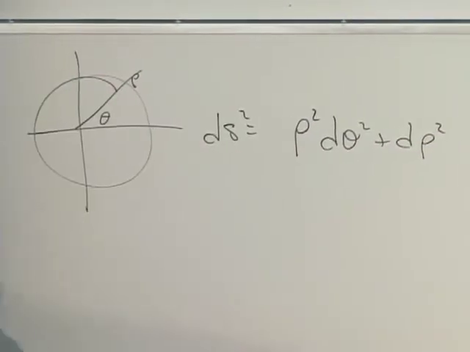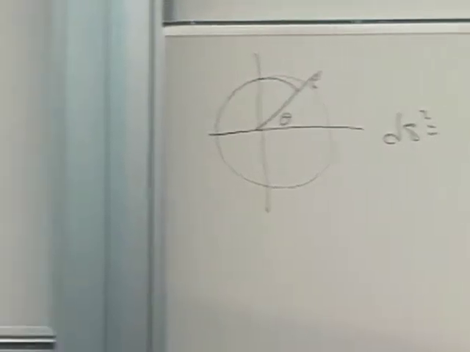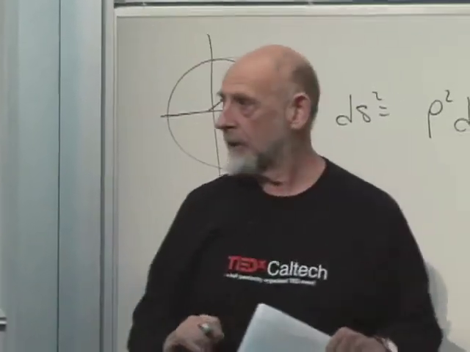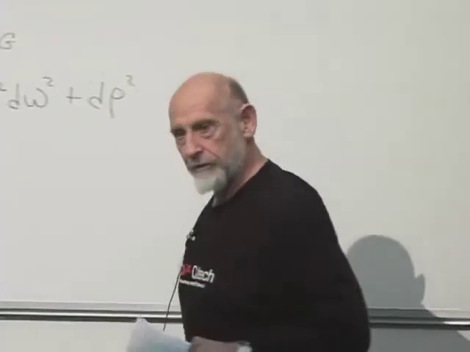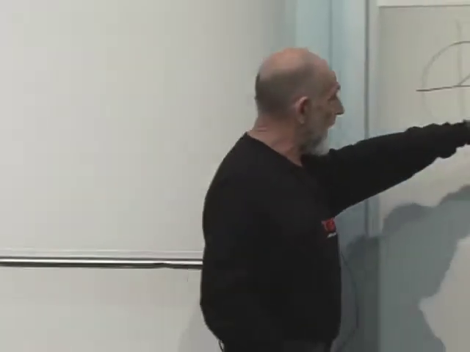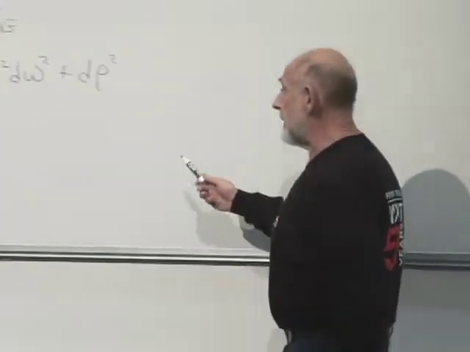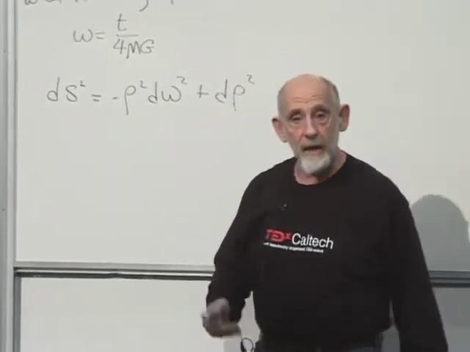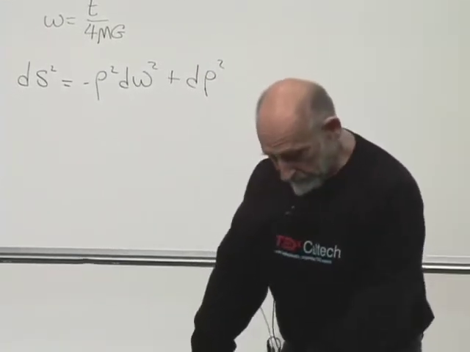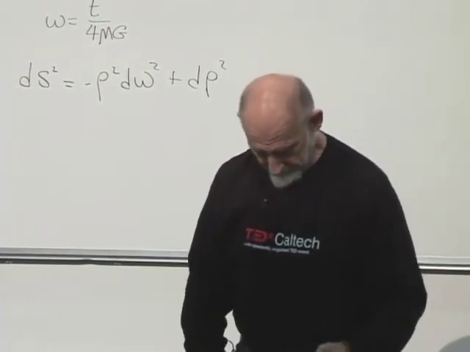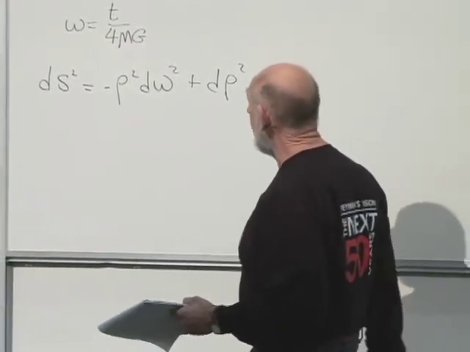So they look very similar to each other. The only difference is this minus sign, and omega is analogous to theta. It's a hyperbolic angle. This is ordinary flat space. This happens to be nothing but ordinary flat space-time in a kind of polar coordinate reference frame. Everybody remember this? And omega is t over 4mg.